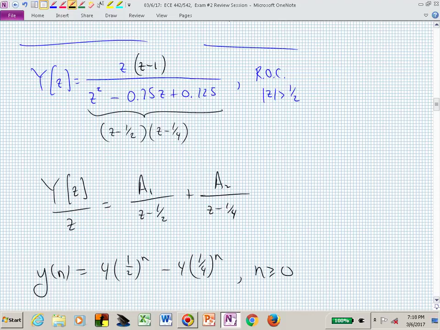Then what you're doing is you are going to end up with z minus 1 over the z minus 1/2, z minus 1/4, and now you can solve for a1 and a2 using that expression. You'd multiply through by z minus 1/2 when you're trying to solve for a1, replace z with 1/2, and you need to leave that z minus 1 in the numerator. I'm going to erase that because I don't want that in the notes, and that would really confuse people. But did that answer your question?